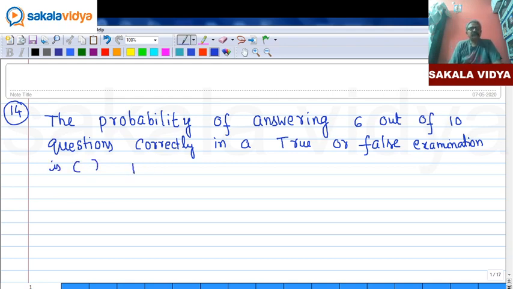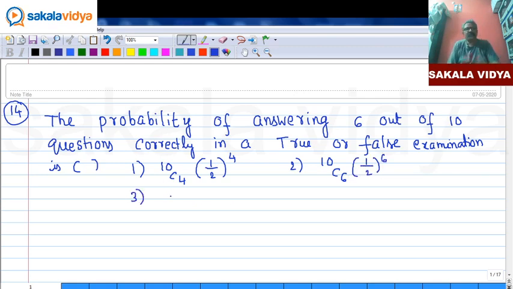First option, 10C4 half raised to 4. Second, 10C6 half raised to 6. Third option, 10C6 half raised to 10. Fourth option, 10C6 half raised to 8.